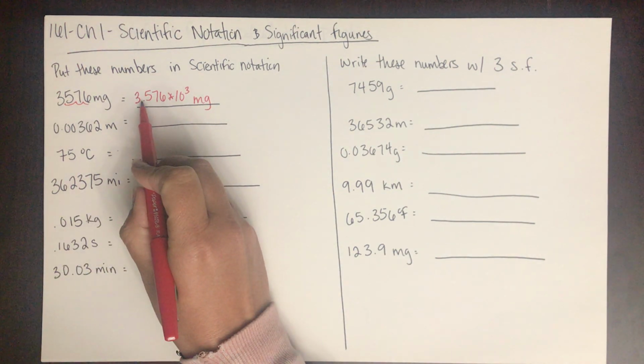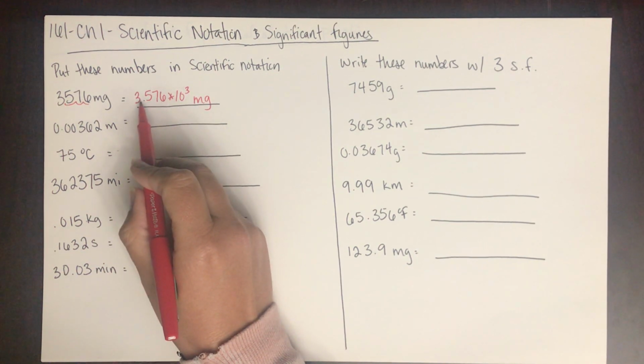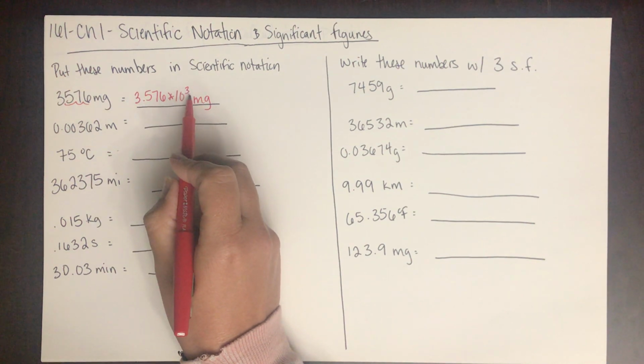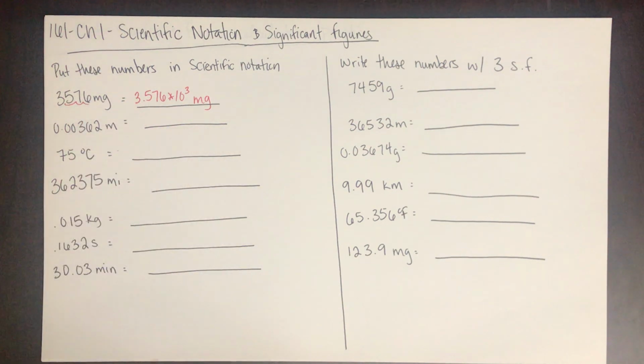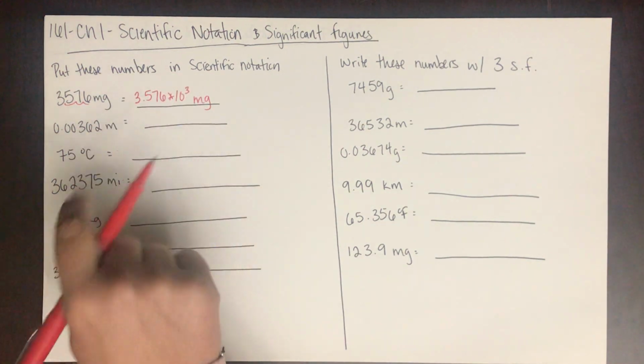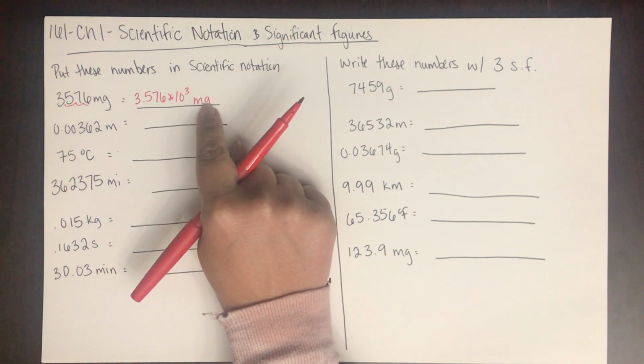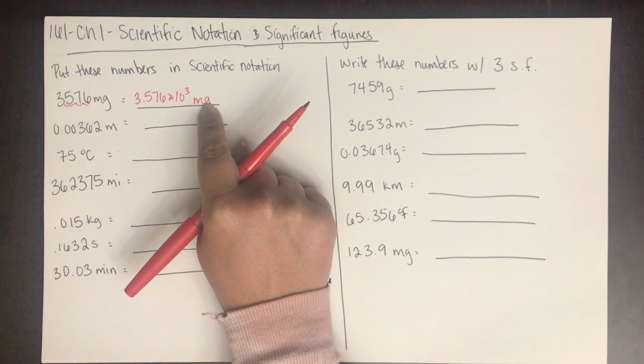The decimal always goes to the right of the first non-zero digit, making this number between 1 and 10. So 3.5, and then the exponent here tells you the number of places you moved the decimal place, and then the unit. We don't care about significant figures here. We're just writing these numbers from what we call standard notation into what we call here scientific notation.